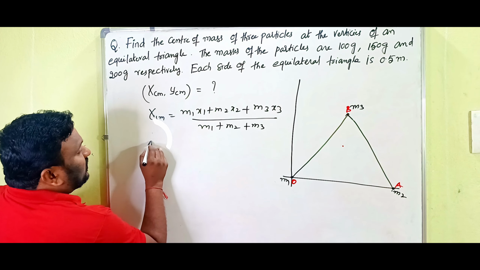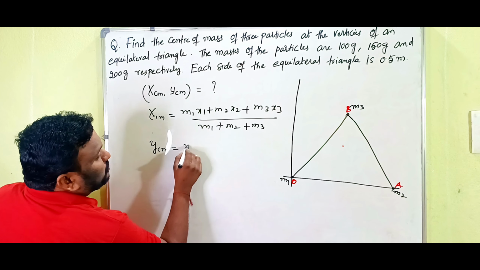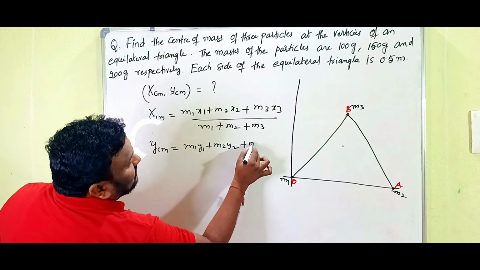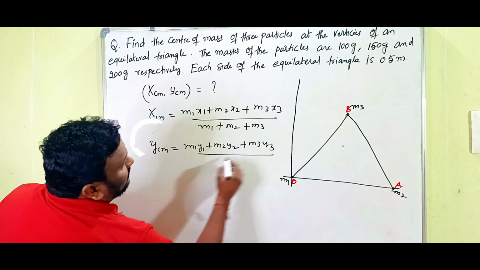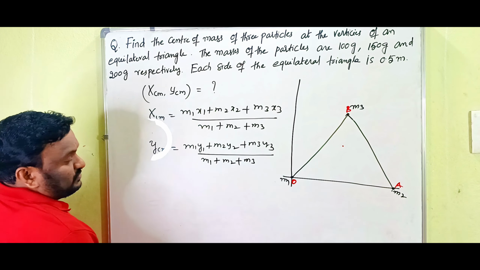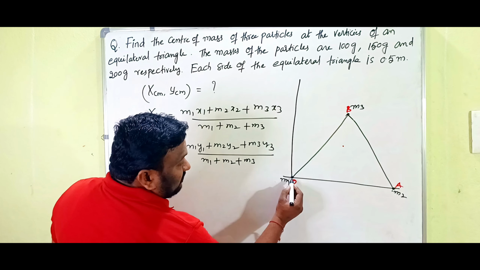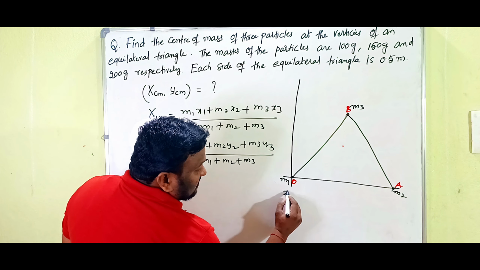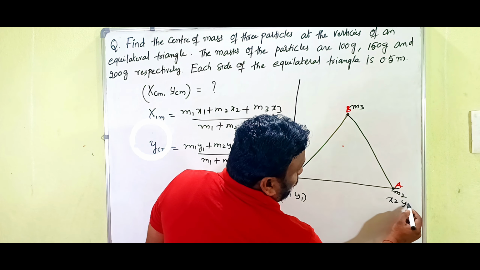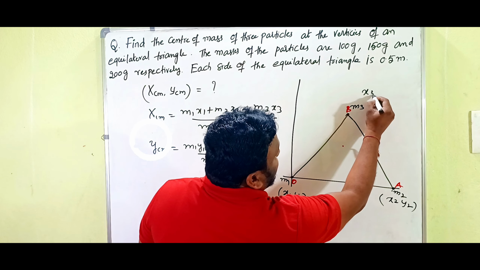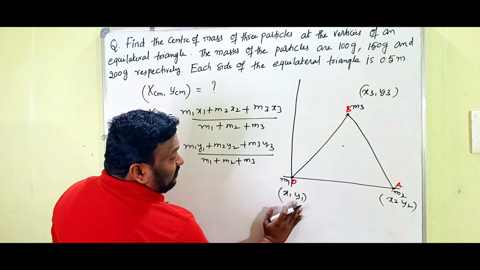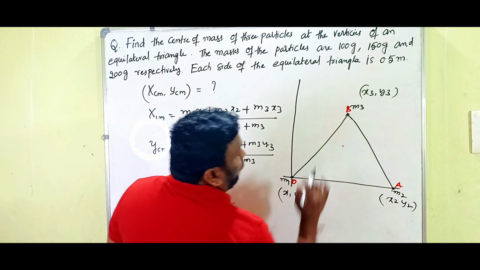Similarly, ycm is equal to m1 y1 plus m2 y2 plus m3 y3 divided by m1 plus m2 plus m3. Dear students, at the origin the coordinates are x1, y1; here the coordinates are x2, y2; and here x3, y3.